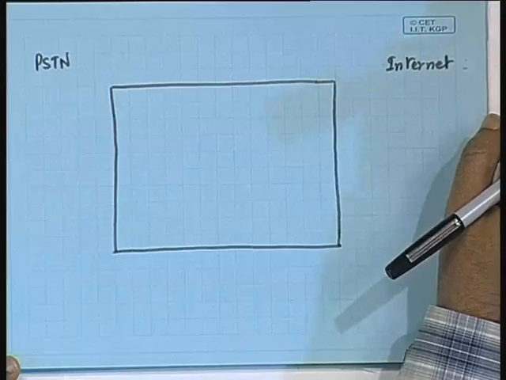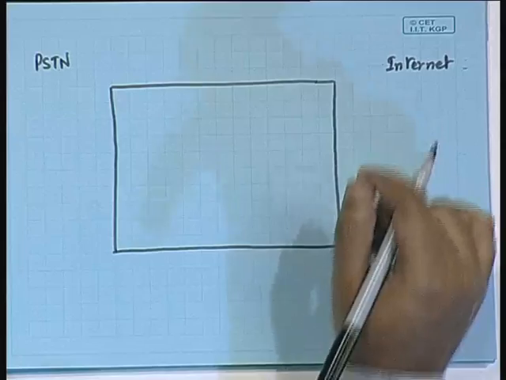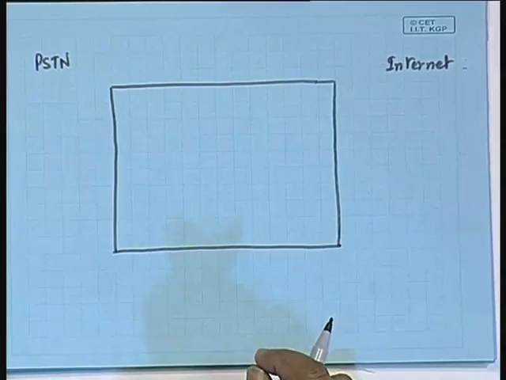Now, from the PSTN side, there are two different things that the gateway has to do. One is taking care of the signaling aspects, and the other is taking care of the actual media streams or the data, which will be the PCM samples in the PSTN domain and which will be the RTP payload in the internet domain.